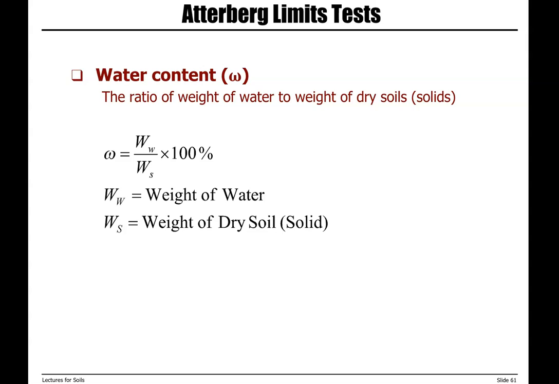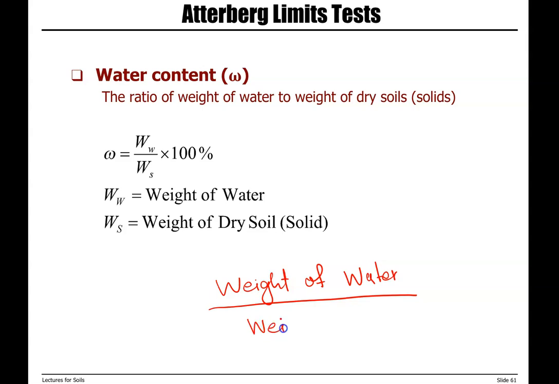Water content for all materials: concrete, brick, CMU, aggregate, soil. It's always calculated as weight of moisture or water divided by weight of dried sample.